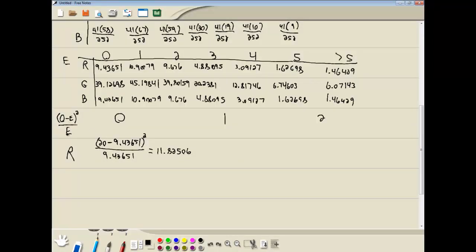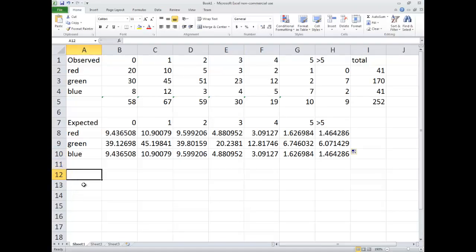This is what I want to do, though. I want O minus E squared divided by E. This is the number of children, and red, green, blue.